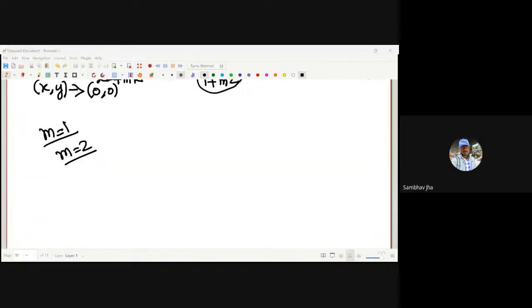Sir, in question number 6, it's showing the same equation. It's asking whether f approaches L as xy approaches the origin along the y axis. Just a minute. In question number 8 it's asking which of the following statements are false.